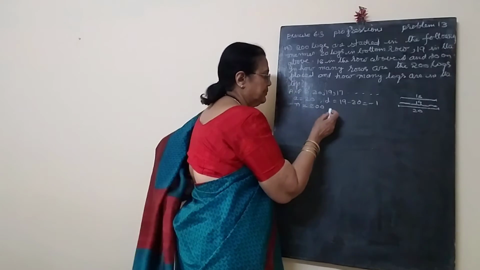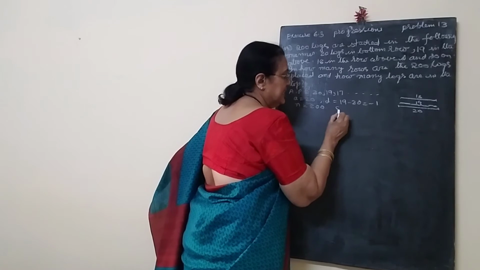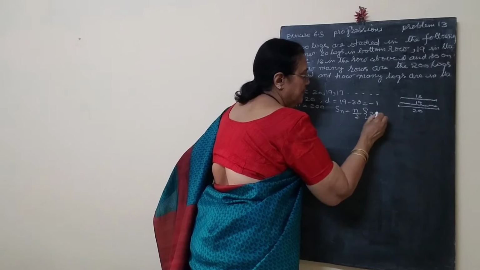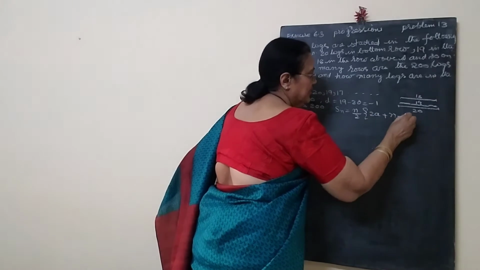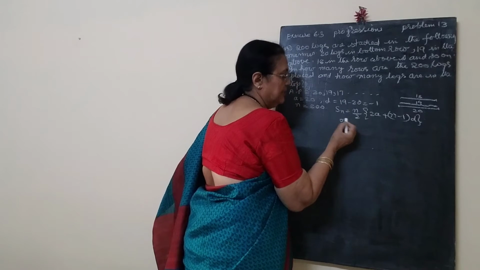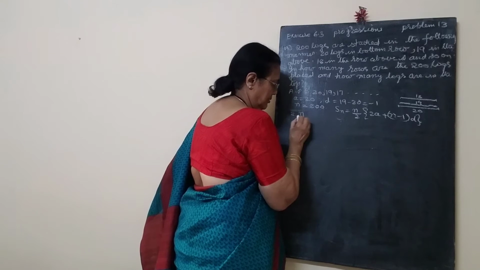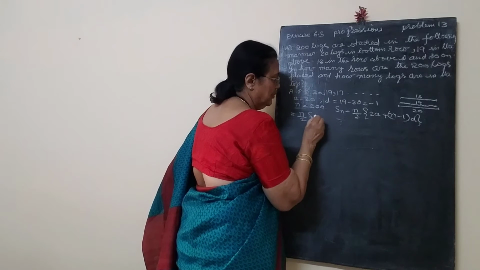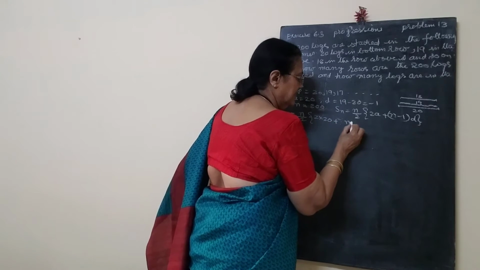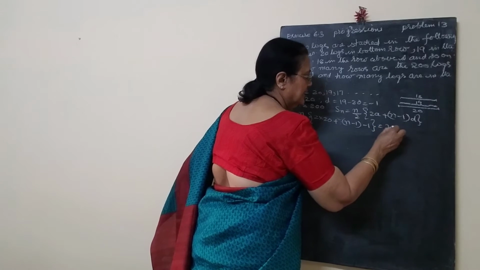So what is the formula we have to use? Sn is equal to n by 2 into 2a plus n minus 1 into d. This is the formula you have to use. N by 2, n we don't know, you need to find out. 2 into 20 plus n minus 1 into d, which is minus 1, is equal to 200.